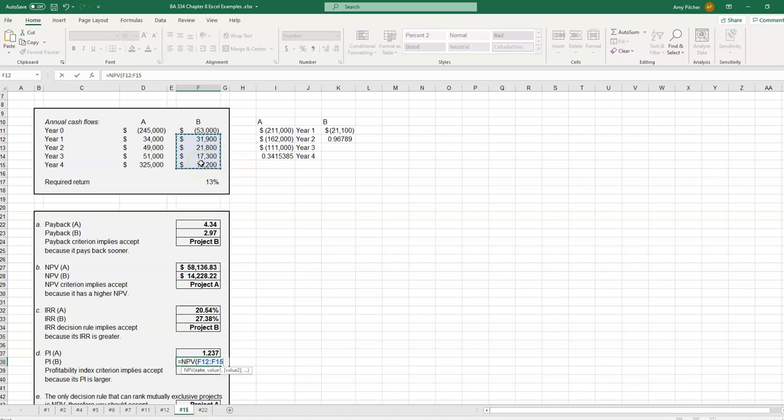Net present value, no, rate first. Divided by the initial cost.